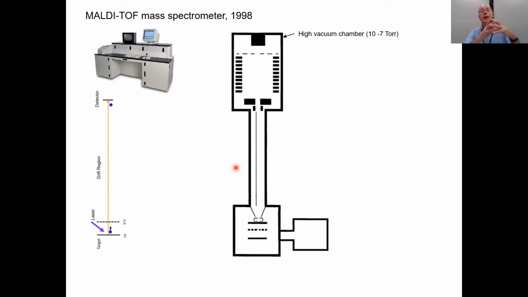Let's look at a more sophisticated instrument now. This is a MALDI TOF mass spectrometer. MALDI TOF stands for Matrix Assisted Laser Desorption Ionization Time of Flight. So MALDI is the ion source and TOF is the mass filter.